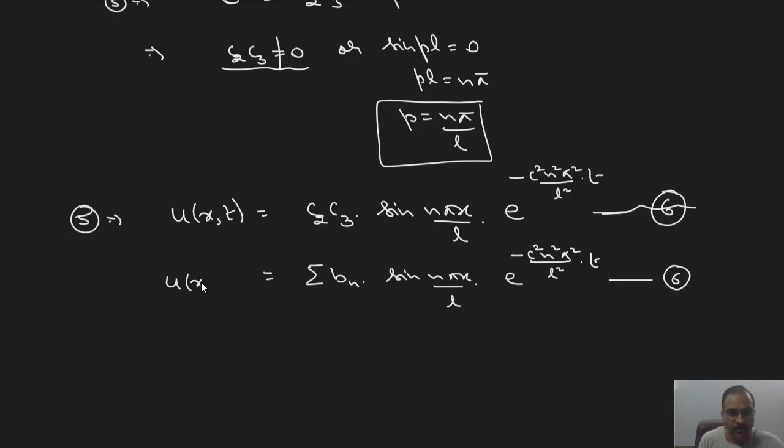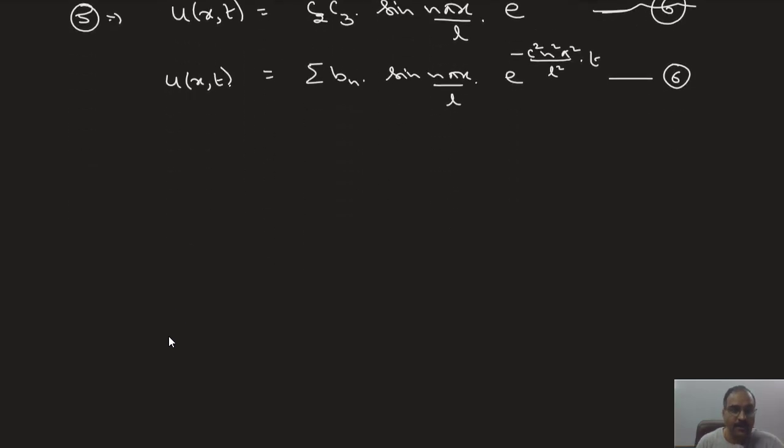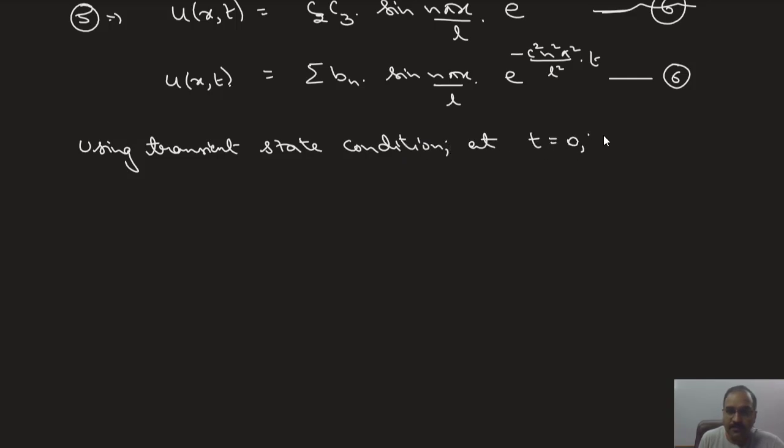Now we have one more condition which we have obtained, that is the transient state condition. So applying the transient state condition, that is at time t equal to 0, we know that U was 100x by L. We have calculated this value.